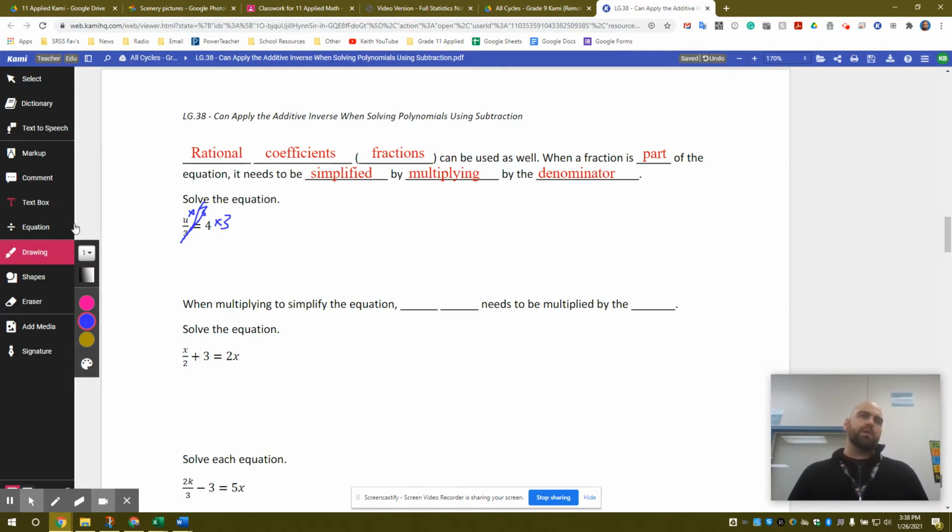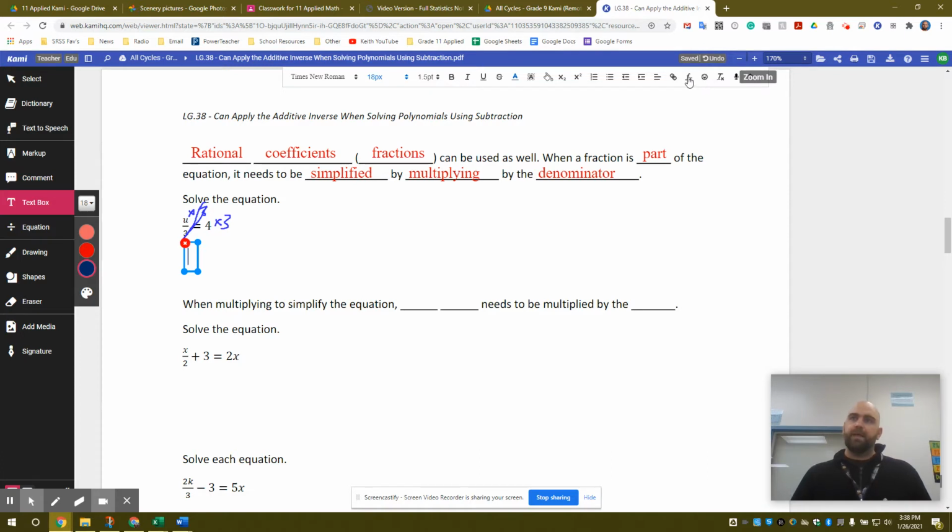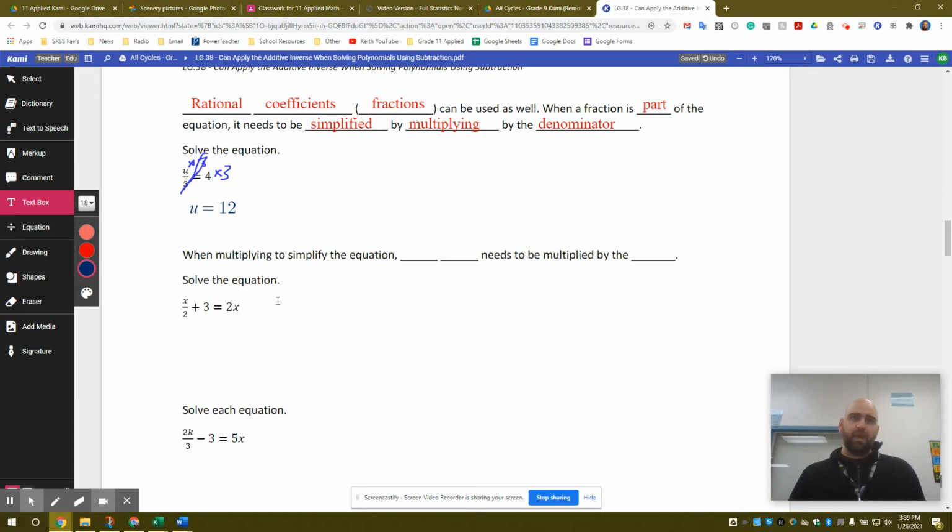And again, this is a little bit of review as to what we've done in the past. So on this side here, we're going to get u all by itself, and then we're going to have 4 times 3, which is 12. So our u is going to be 12. 12 divided by 3 is 4. That, in fact, does work, and so that is a good thing.